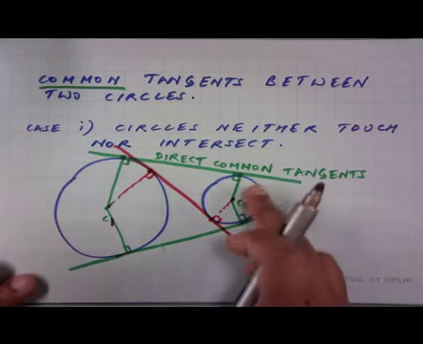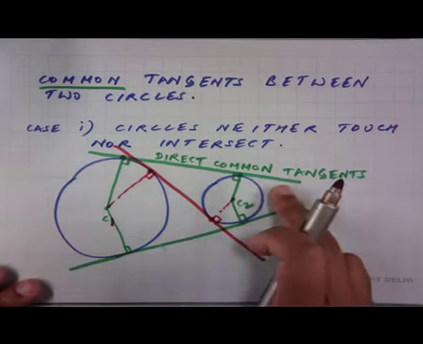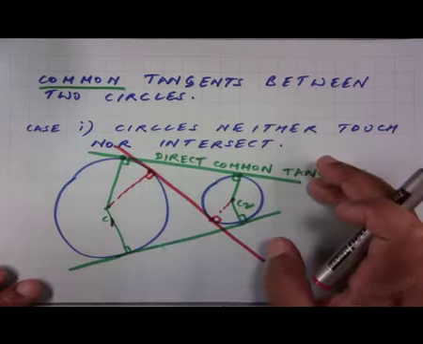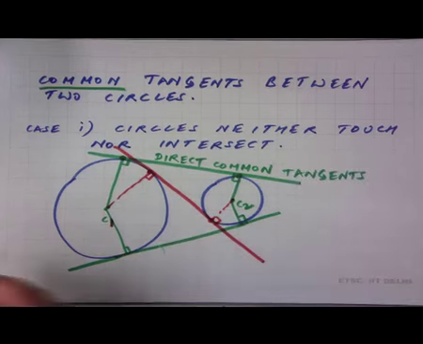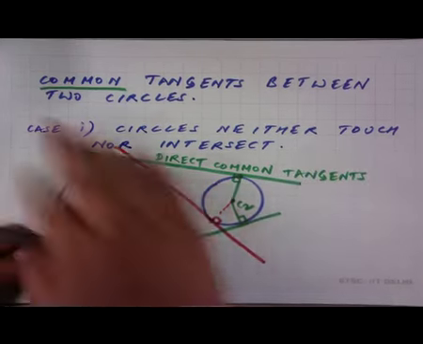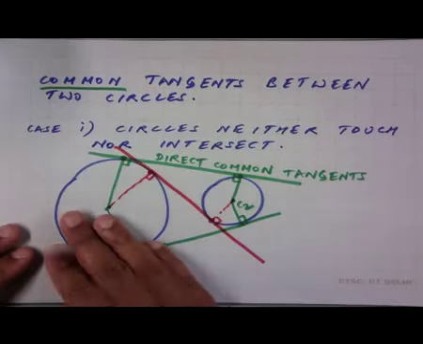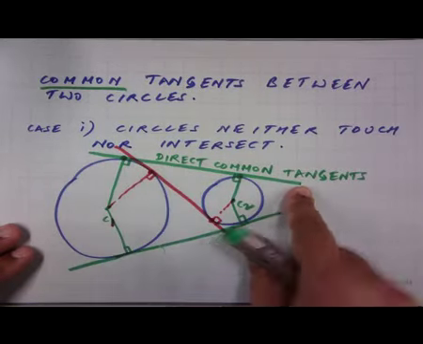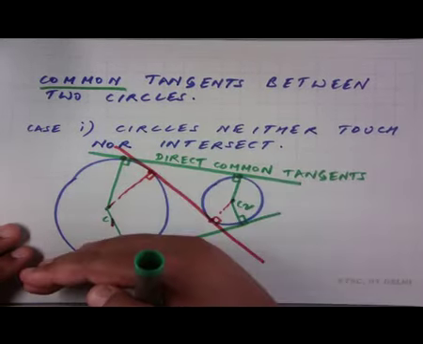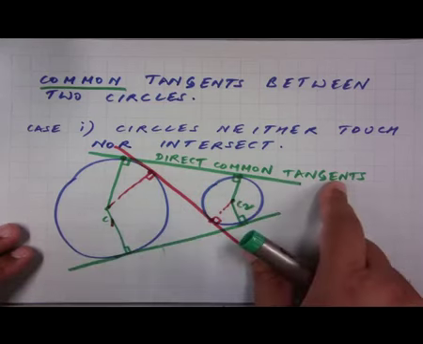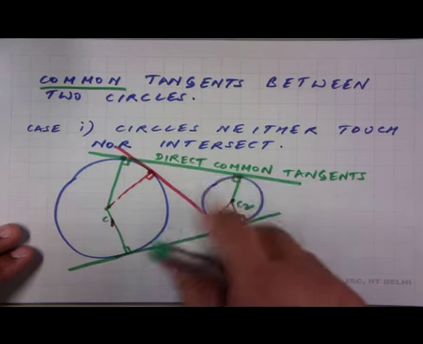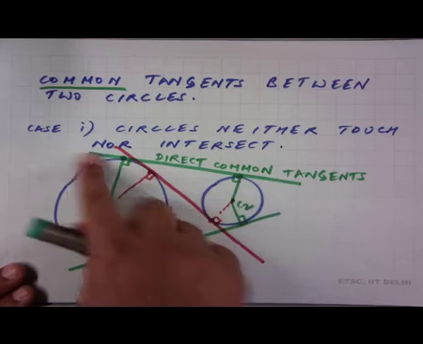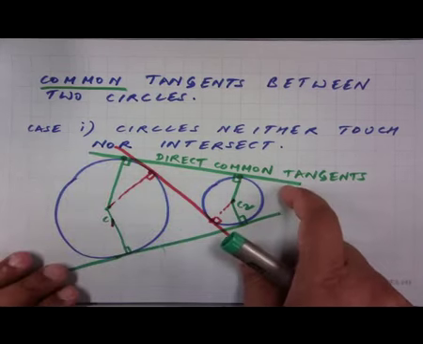In the case of a direct common tangent, both the circles are on one side of the tangent. As we know, any straight line divides the surface into two halves. One half is on this side of the straight line and the other half is on the other side. In the case of a direct common tangent, both the circles are on one side of the straight line tangent.